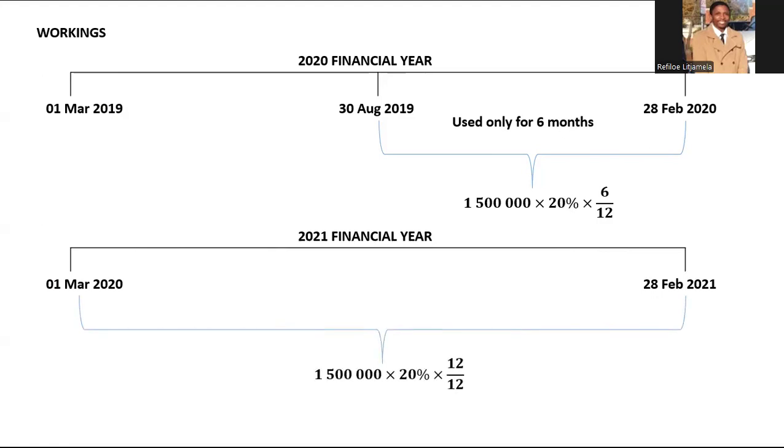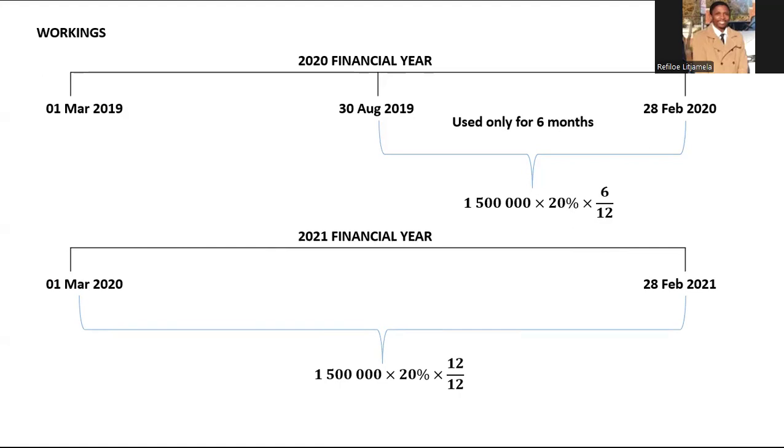So when we depreciate it, we'll depreciate it over 12 months by taking the cost price multiplied by the depreciation rate of 20%.